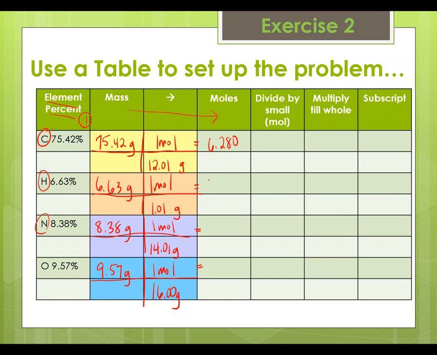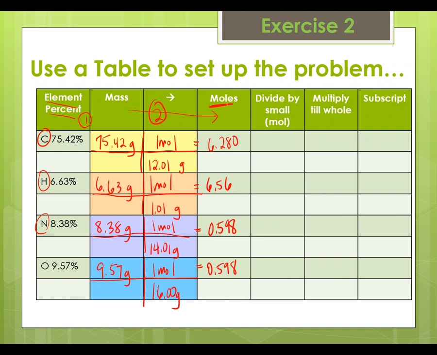For hydrogen, this one's 6.56. Then we have 8.38 divided by 14.01 for the nitrogen, 0.598, and then 9.57 divided by 16, which is also 0.598. Now, that was step 2.